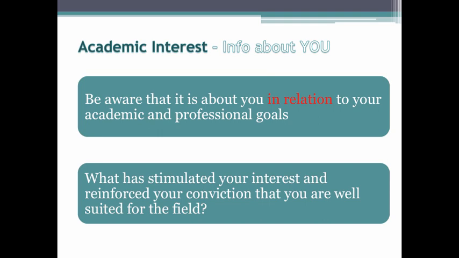So as I mentioned before, if you had an experience working for an accounting firm, and you're applying for a social work program or some other field in the social sciences, and that accounting experience has no relation to the program, then leave it out.